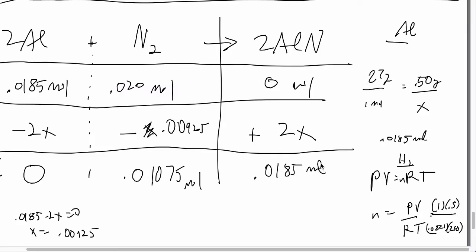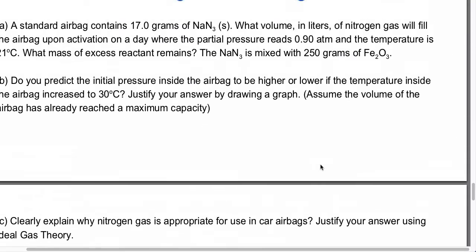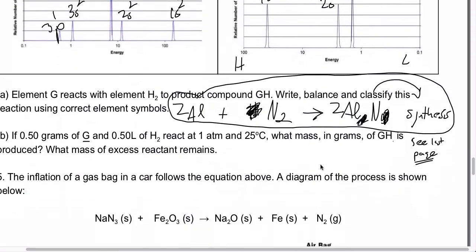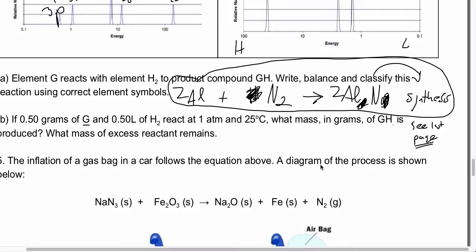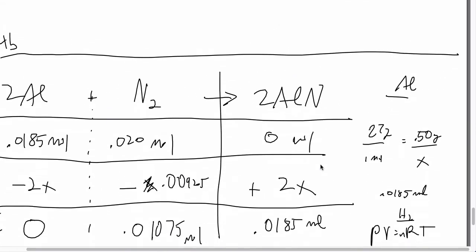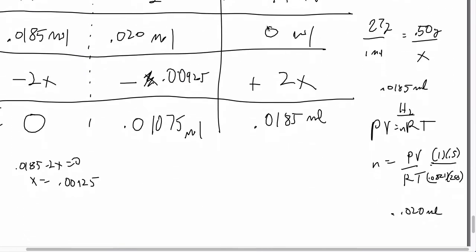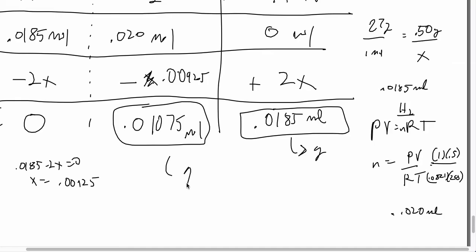0.0185 moles. And then what is 4b even asking for? What mass in grams of AlN is produced? So they want a mass of excess reactant. So mass here in grams and mass here of excess reactant.